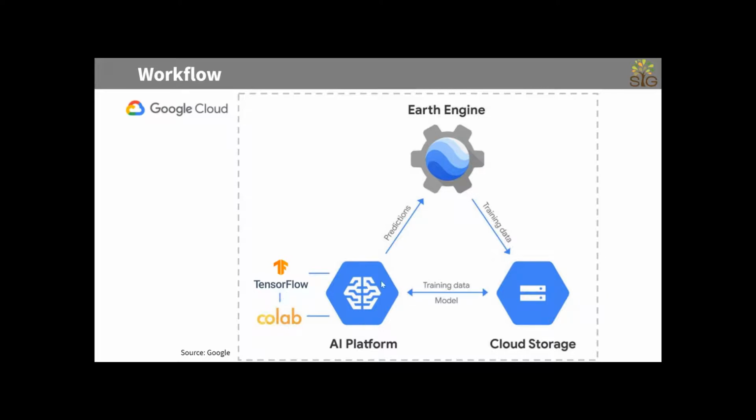Once the model is trained and we're happy with it, we can export this model to be used in Google Earth Engine or even in other places as well. It's very versatile. But this is the basic idea. We can have the model exported to Google Earth Engine and have our map there as well. So this is the very high level overview of the workflow, and we'll be seeing this diagram through the steps as we go through them today.